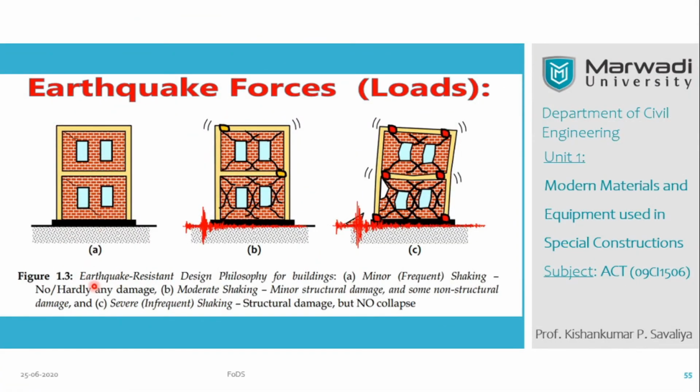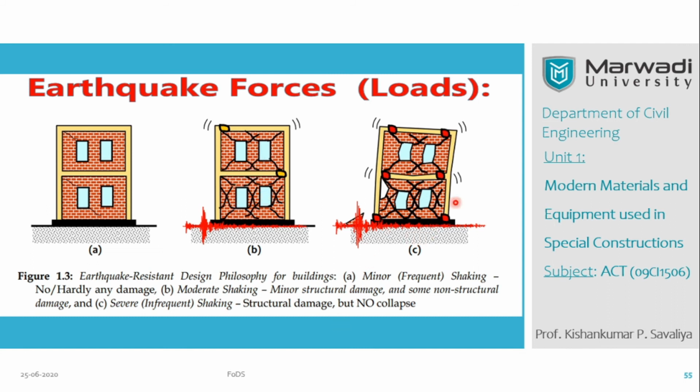Similarly, the earthquake resistance design philosophy for the building. Here you can see figure A shows minor or frequent shaking, hardly any damage. This indicates a very low amplitude earthquake. B, moderate shaking with minor structural damage and some non-structural damage. The earthquake scale is low as compared to figure C, so that will create a moderate effect on our building.